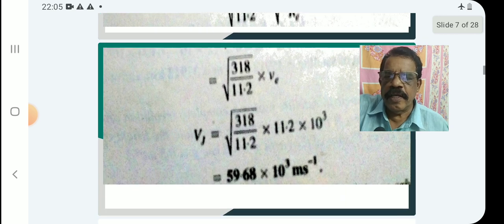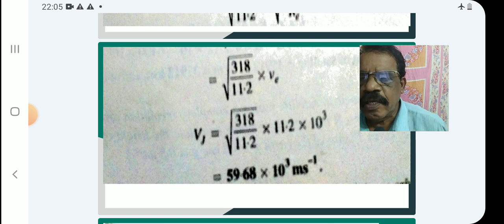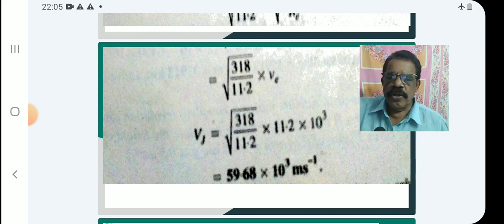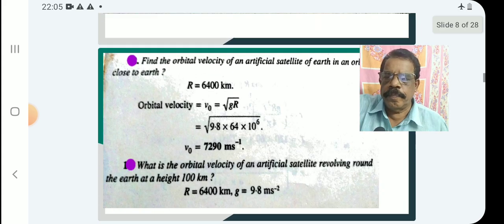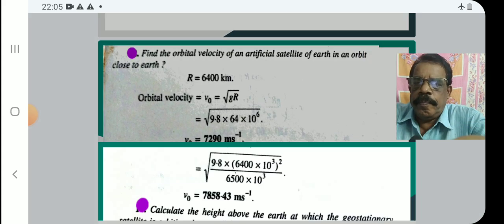So there we can write Ve, which is 11.2 into 10 raised to 3, multiply, and we get Vj, the escape velocity from Jupiter, is 59.68 into 10 raised to 3 meter second raised to minus 1. Next problem.